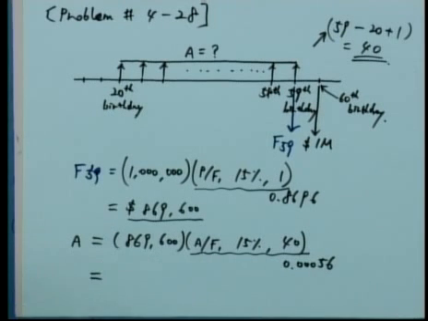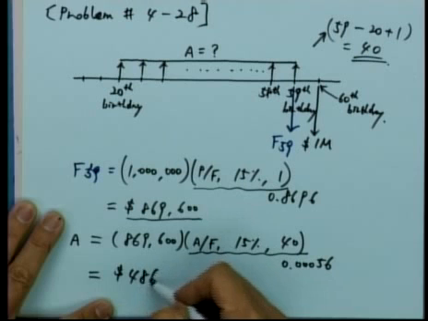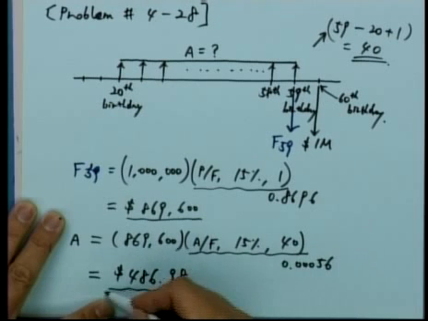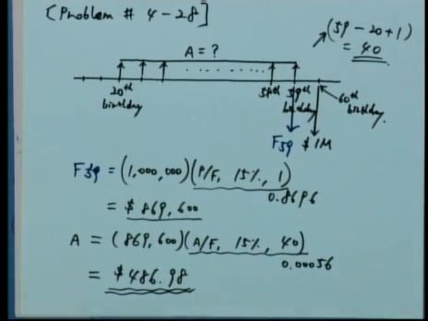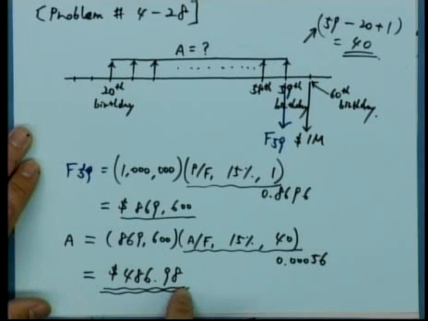And this value is going to be $486.98. Okay? So in order to be a millionaire on his 60th birthday, he needs to deposit $486.98, okay, every year.